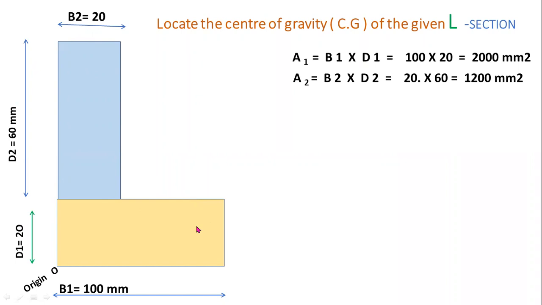Now you have to locate the centroid or center of gravity of this L section. Okay, first of all, you have to select the reference axis at the lower left hand corner. Okay, this is the x axis and this is the y axis.